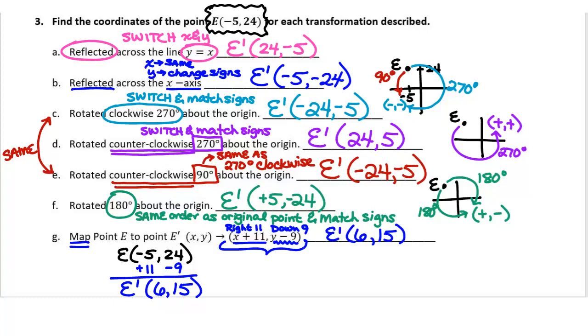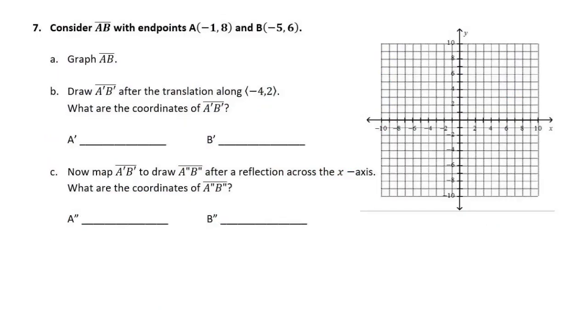Yes. Yes, I do. What else do you guys want to see? Marco? 7? All right. Let's go look at number 7. First thing we need to do on number 7 is graph that original line segment. So we're going to graph points A and B, and we're going to draw the line segment in between them.